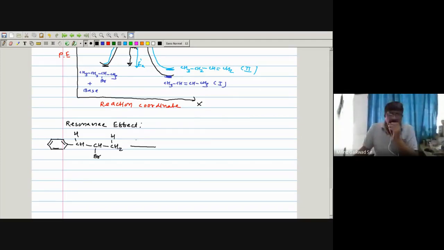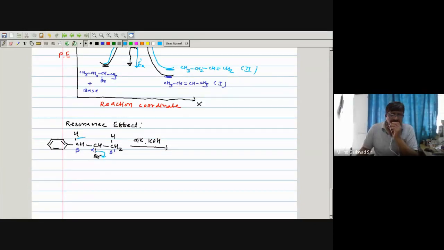Further, it undergoes the reaction with alcoholic KOH. So of course here this is the alpha carbon, this is your beta carbon, this is your beta dash carbon. In this case the elimination takes place, and this sigma bond opens, Br negative, C positive.